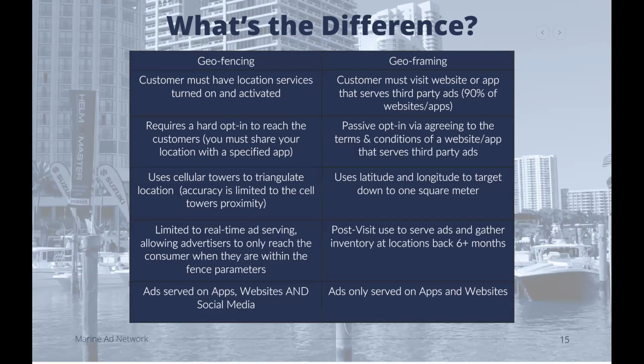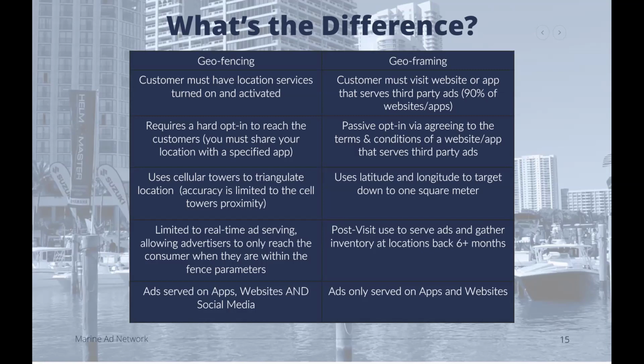I will tell you that 99% of people keep their location services turned on. Every now and then you get people that turn them off, but I really don't see a big problem with that. With geoframing, customers just must visit the website or app that serves third-party ads, and 90% of websites and apps do this. So again, they're pretty similar there.